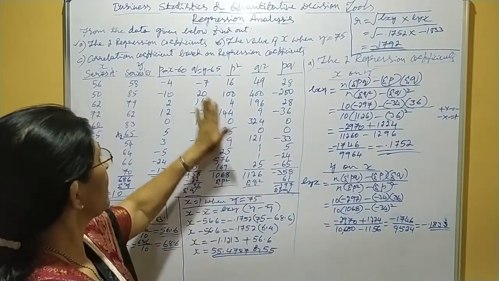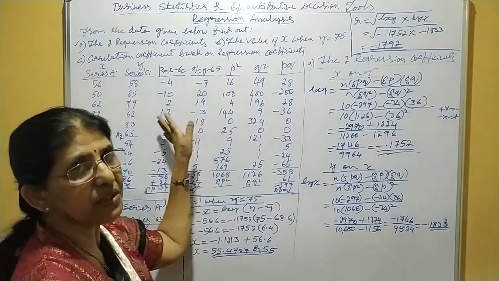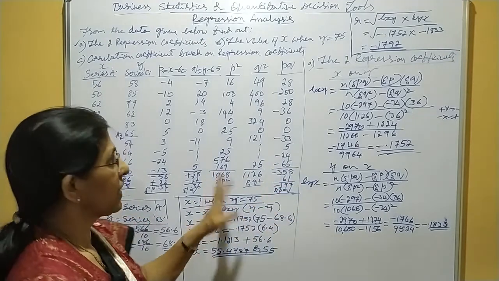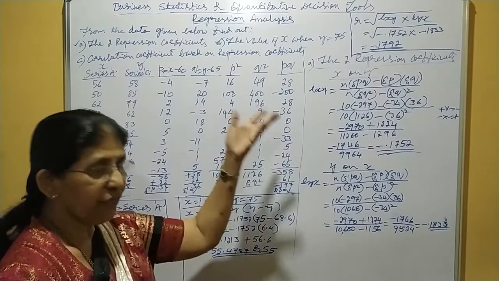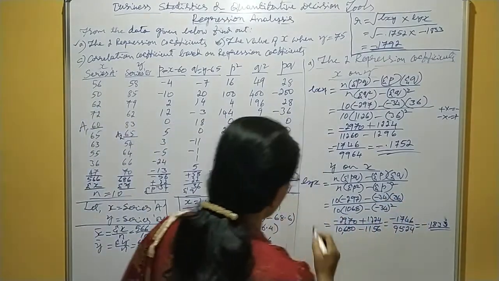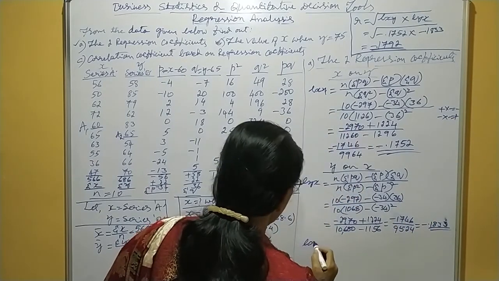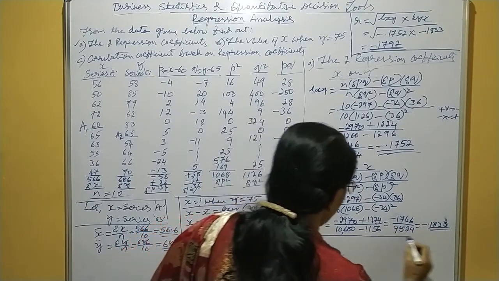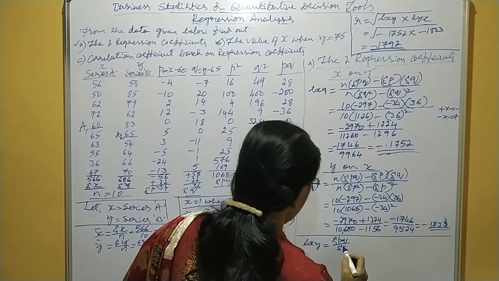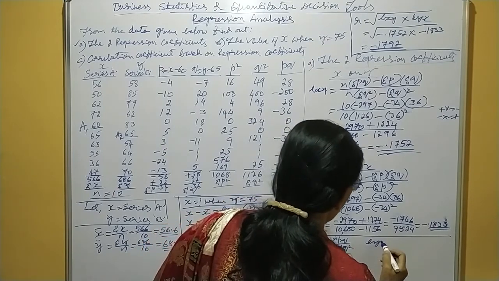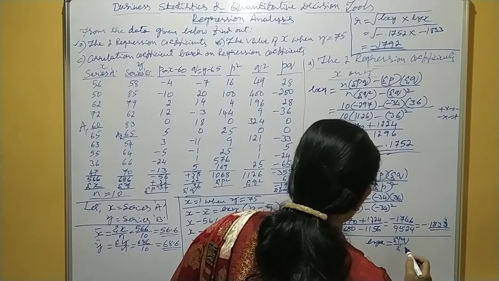Okay. Now this is how you have to calculate when deviations are taken from an assumed mean. If you take deviations from the arithmetic mean, the formula for bxy is sigma pq divided by sigma q square and byx equals sigma pq divided by sigma p square.